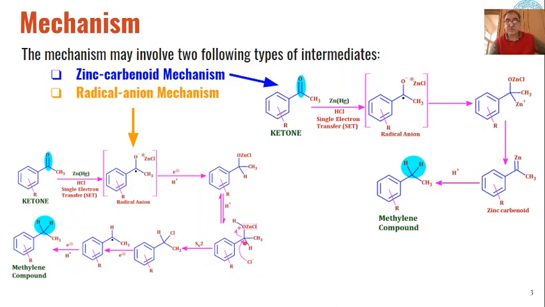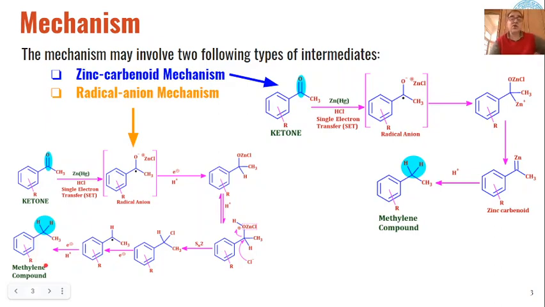The attack takes place from the back side of the molecule, that is from the side of hydrogen, which is the least hindered side, and we get this type of alpha chloro methylene compound as the intermediate. Then this alpha chloro methylene intermediate takes up one electron, so chloride ion will be removed and we get this type of intermediate, and then this takes up one electron and H positive ion to get converted into the methylene compound.